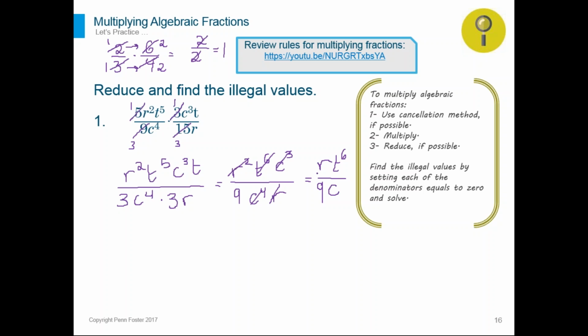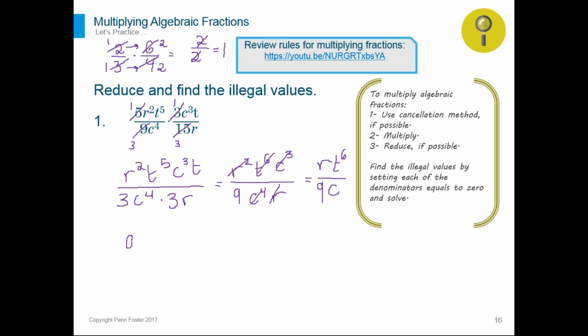This is the product of multiplying this fraction times this fraction. Now, what are the illegal values of this? I'm not going to find them from the 9c. I'm going to evaluate each of the original denominators equal to 0.